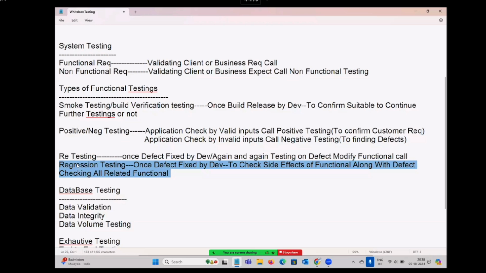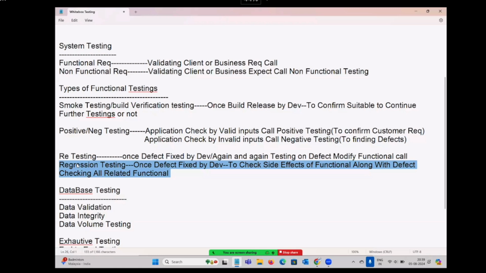But database means it is a backend application. I hope you understood, guys. Functional, smoke, positive or negative, retesting and regression testings are on the front end, but database testing is on the backend application.